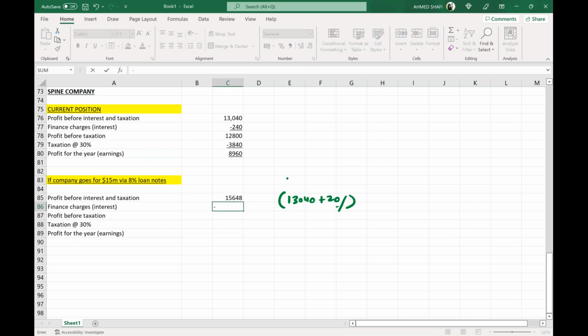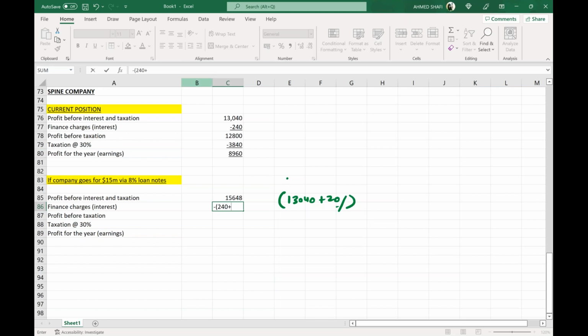Obviously, finance cost, interest cost will also increase. Currently, it's 240. Obviously, you are not paying off any debt, which would reduce it. But you are going for 15 million via 8% further debt. So if you go for 15 million or 15,000 via 8% debt, your interest will increase.